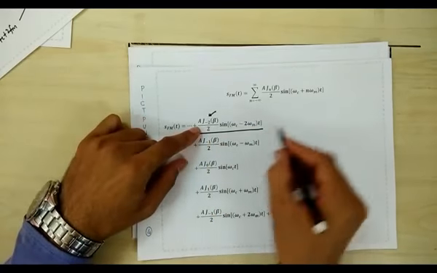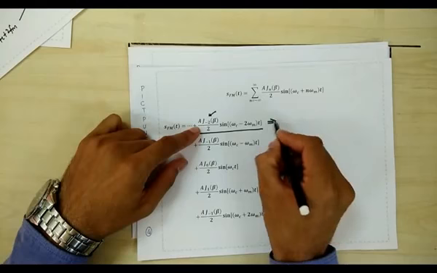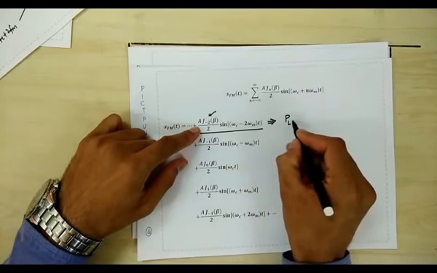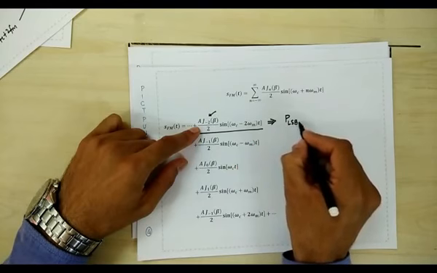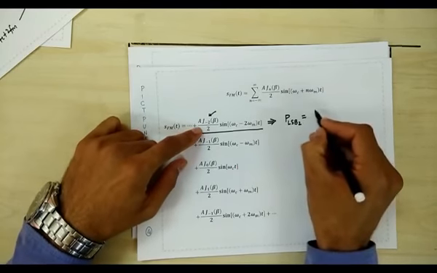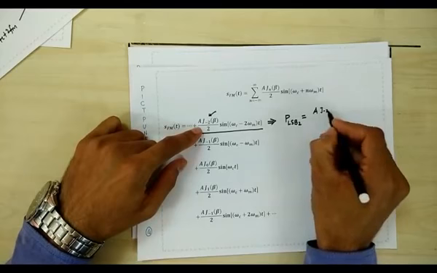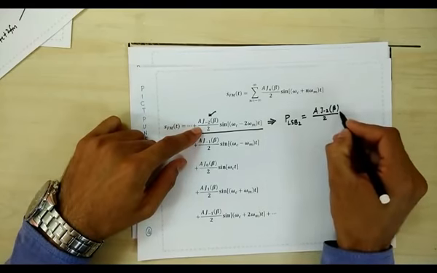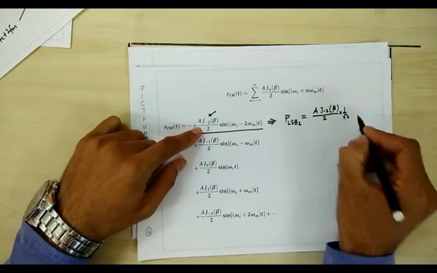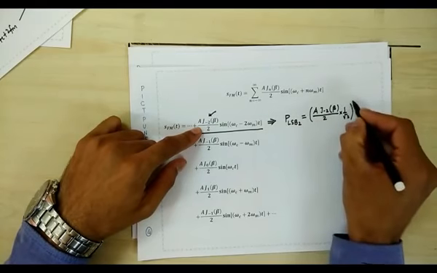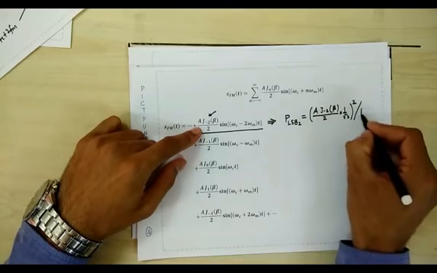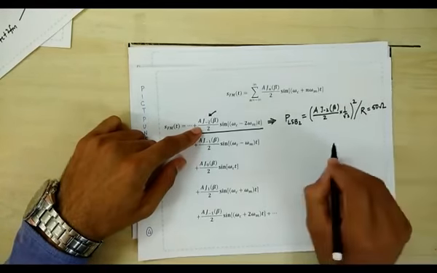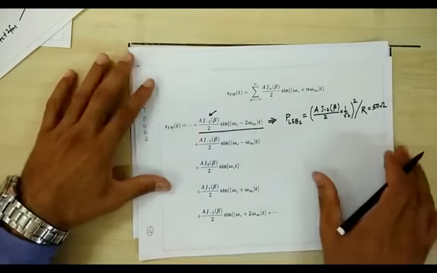Since this is the second lower sideband, I can write it as PLSB2, and this is equal to the amplitude, that is minus beta divided by 2, and we have to divide it by root 2 to get the RMS value, and we have to square it and divide it by resistance R, and this R is nothing but 50 ohm as in case of AM.